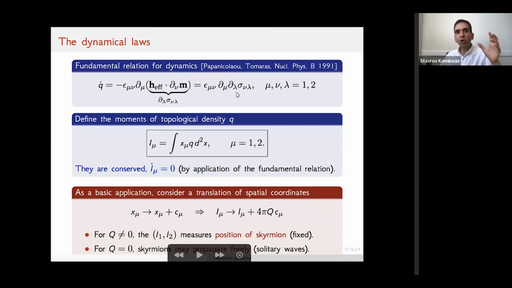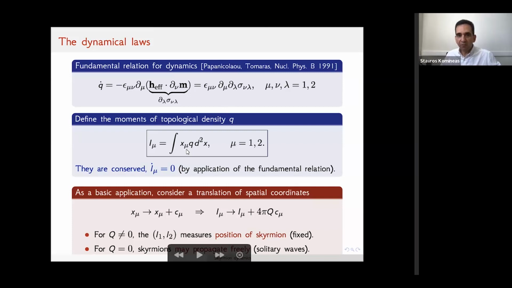This tells you that not only the topological number is conserved, which is an obvious thing, but also the moments of this topological density, that is the x times q integrated or the y times q integrated, are conserved. And this is because of these two derivatives. This is a kind of exercise in derivatives or integrals to show that these are invariant in time. They're conserved, so they don't change in time.